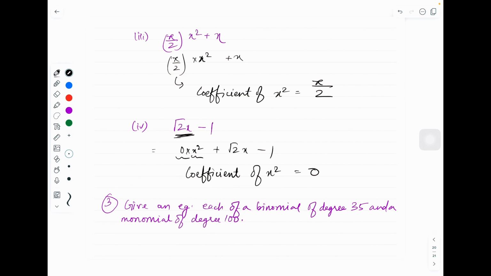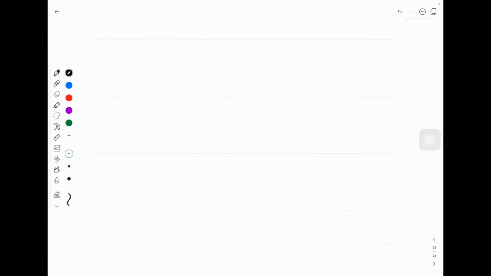First, what is a binomial? Binomial means only two terms. Next, the given degree should be 35. So you have to use any two terms, and one of the terms' variable power should be 35 because the degree is 35.